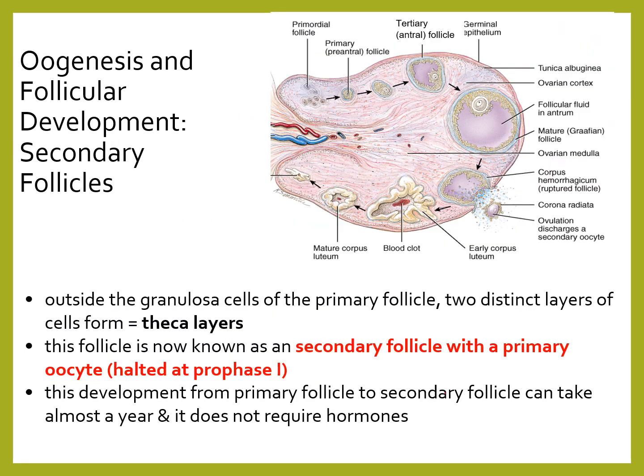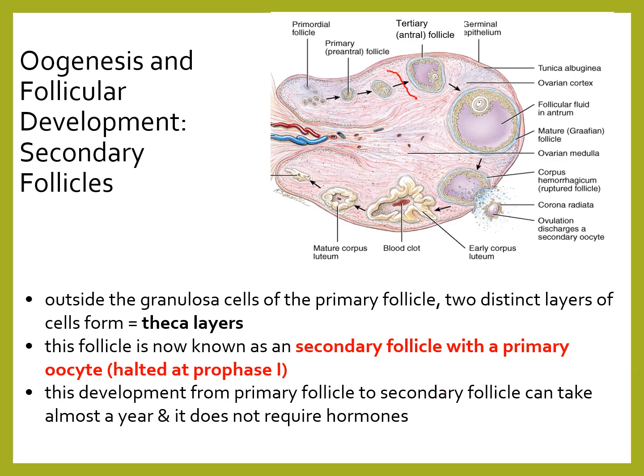Outside of the granulosa cells that are found within the primary follicle, there will be the formation of two distinct layers of cells. These cells are called theca layers. They are the external theca and then the internal theca. When you see the formation of these two theca layers, you now have a secondary follicle, and contained within that secondary follicle will be the primary oocyte that is still halted at prophase 1.